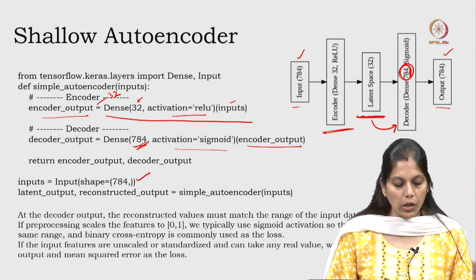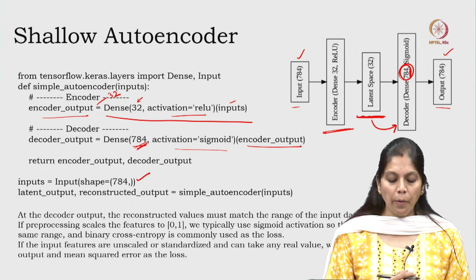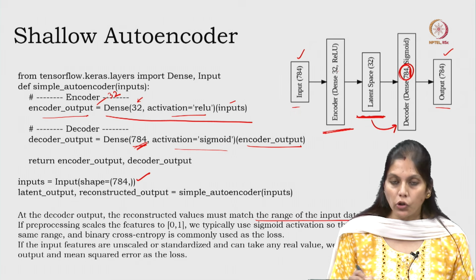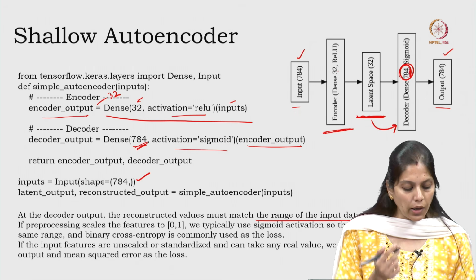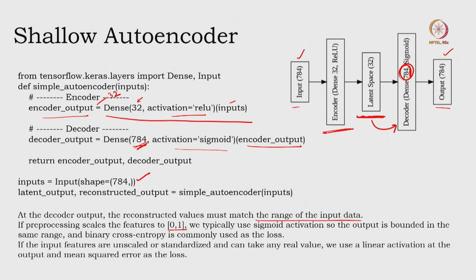So at the decoder output, the reconstructed value should match the range of the input data. Suppose the pre-processing scales the features to 0, 1, then obviously sigmoid is the activation function that you should use at the output layer, so that it will scale down. And what should be the loss function? Definitely binary cross entropy should be the loss.